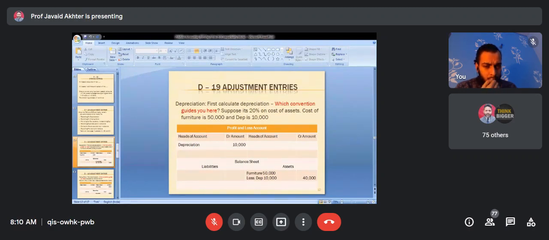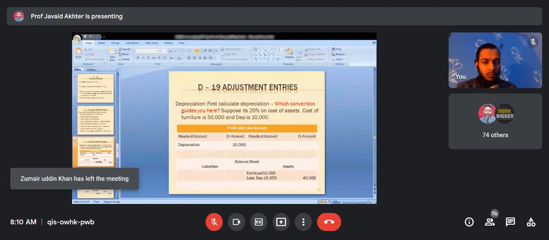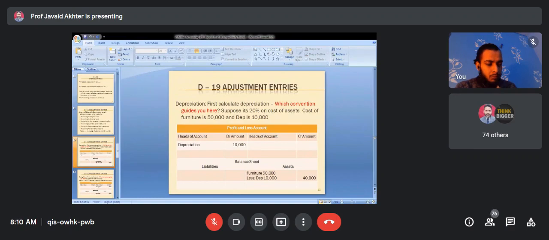This I am talking about purely what is mentioned in the books of account, nothing to do with the way it is done in real life. I'll explain to you both. First, let me complete what is available in the book. So are you convinced that 10,000 has to be recorded on the debit side of the profit and loss account? Yes, sir.